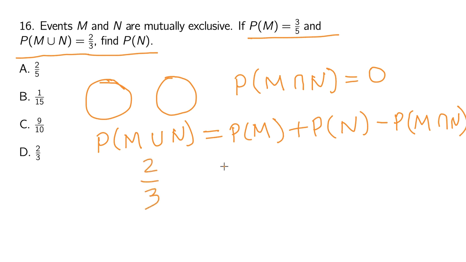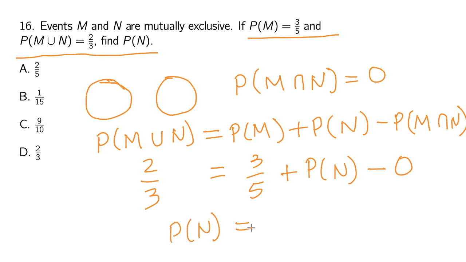The probability of M is 3/5. The probability of N, that's what we are looking for. And we've already said that the intersection is 0. This means that the probability of N equals 2/3 minus 3/5. We can write this over a common multiple and get 10 minus 9 over 15, which is 1/15, and that gives us the answer.